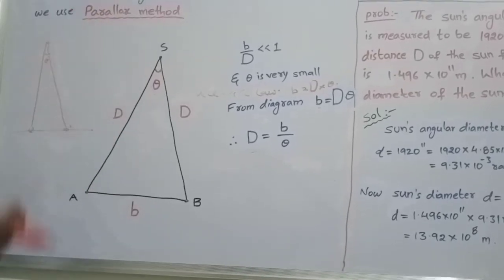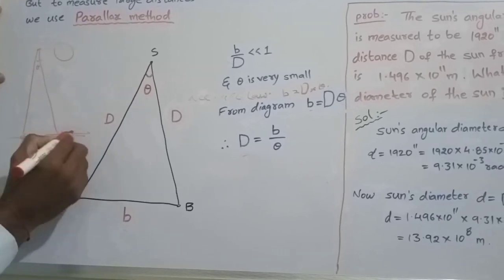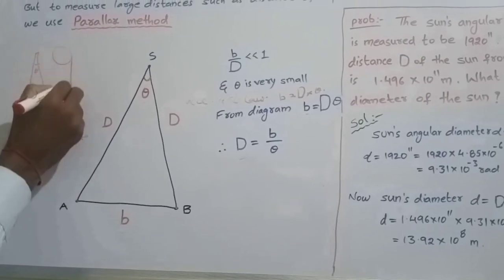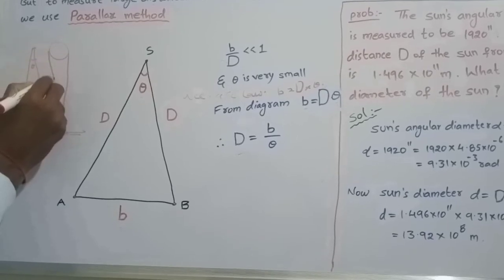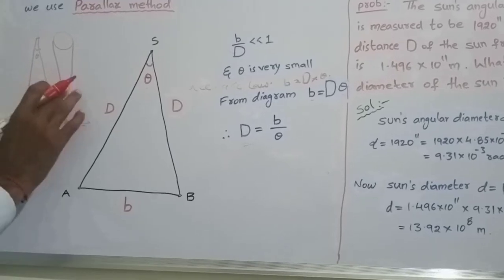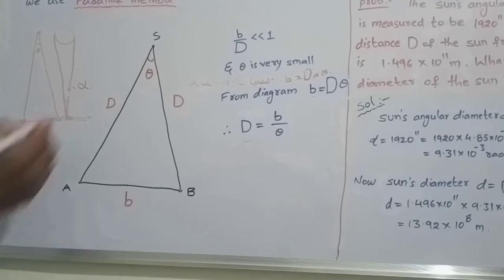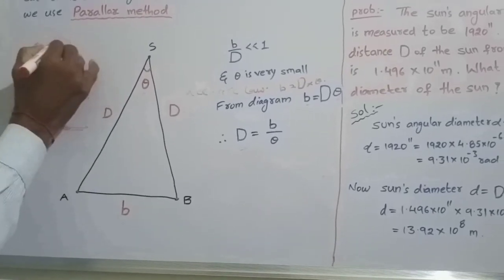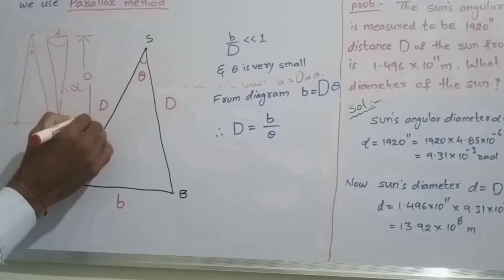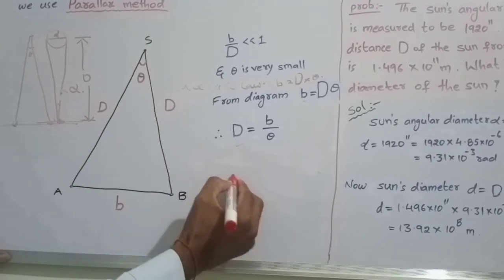If we reverse this mechanism, so this is the star and this is the observation point. By observing two ends of the planet or star, we find the angular diameter. Here, this is the angular diameter of the star at the viewing point. If this is the diameter of the star and this is the distance of the star from the Earth's surface, then in the previous method we calculated the distance.